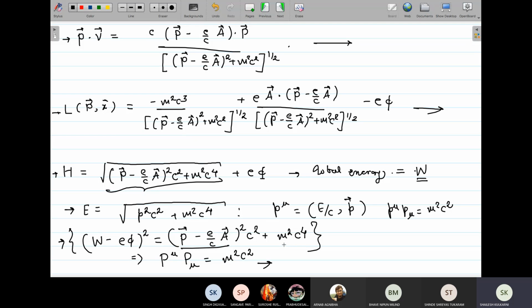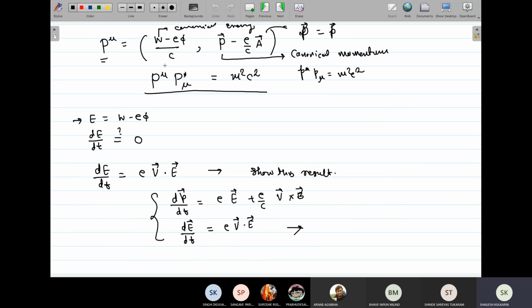Then it is logical to define a four momentum, capital P mu, whose zeroth component is this, and whose three components are this. That's it. That is what I am doing. So basically, I don't have to define the script P or something.